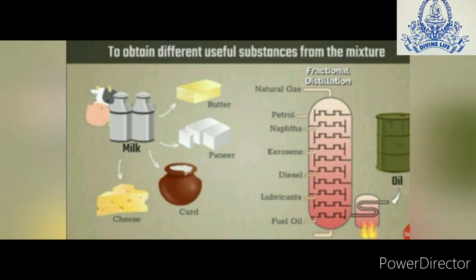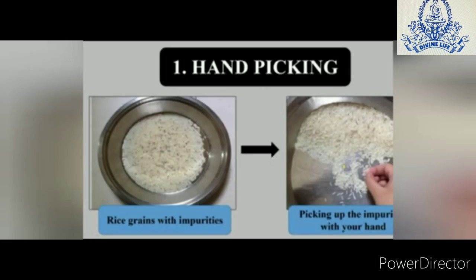For example, petroleum oil is a mixture which cannot be used as such as fuel in homes and vehicles. We separate the petroleum mixture to obtain useful components like kerosene, petrol and diesel by the process of distillation. Now we will describe the methods for the separation of mixtures.